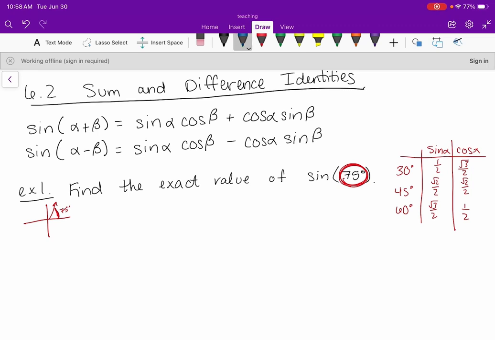My hope is that you've said 30 and 45. So sine of 75 is equal to sine of 30 plus 45.